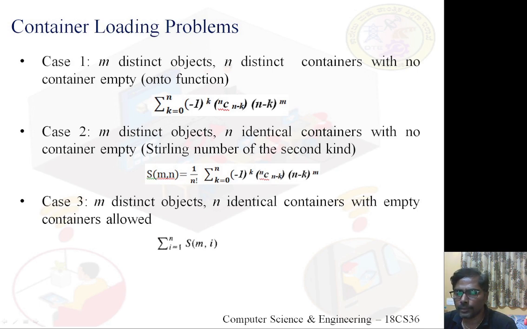Now, the objective of case 1 is to determine the number of ways that exist in filling these m distinct objects among these n distinct containers with none of the containers left empty.